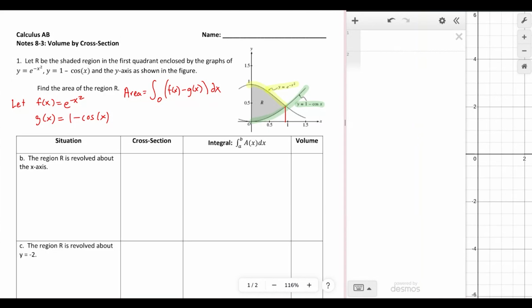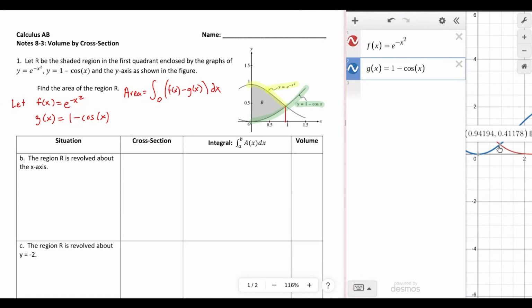All right, so we do need that upper bound, and so we need to figure out where those two functions are intersecting. So I'm going to type those in over here. We're going to say f of x is e to the negative x squared, and g of x is 1 minus cosine x. So we're looking for this intersection point right here. And I don't know if you can see that, back in the back of the room, but it's 0.941.